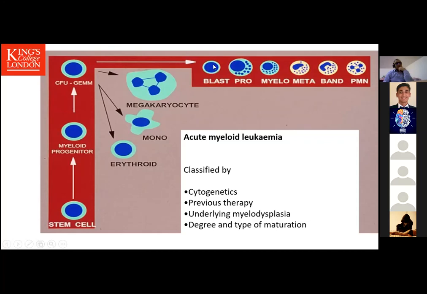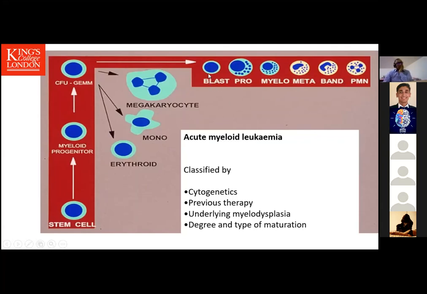You will have the starting cell as a blast, and then it turns into promyelocytes, which becomes a bit granular, the nucleus becomes smaller, and then it loses nucleoli. Then you have the myelocyte, where you have more granules, the nucleus becomes even smaller, the size of the cell becomes smaller, and it loses all the nucleoli. Then the metamyelocyte, when the nucleus has started to take some form of shape, and then it becomes a band cell, and then eventually the neutrophil with segmentation of the nucleus.